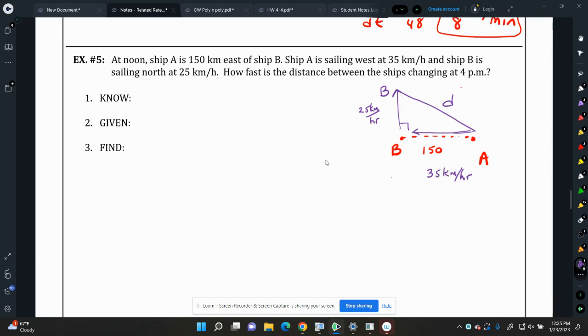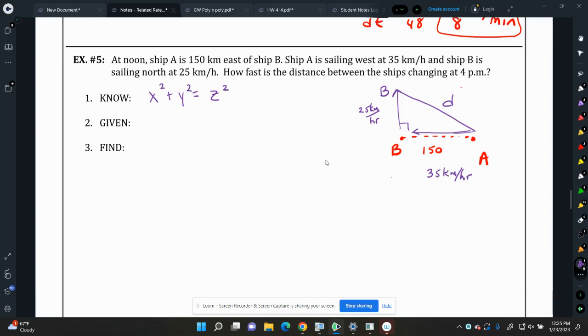All right, so we know it's a right triangle. So I'm going to say x squared plus y squared equals z squared.